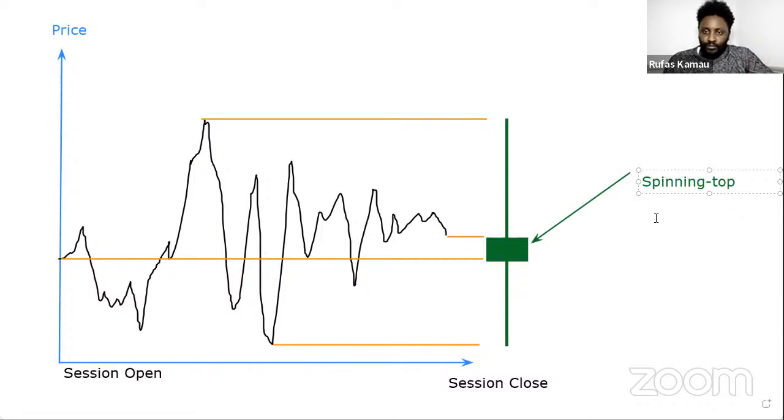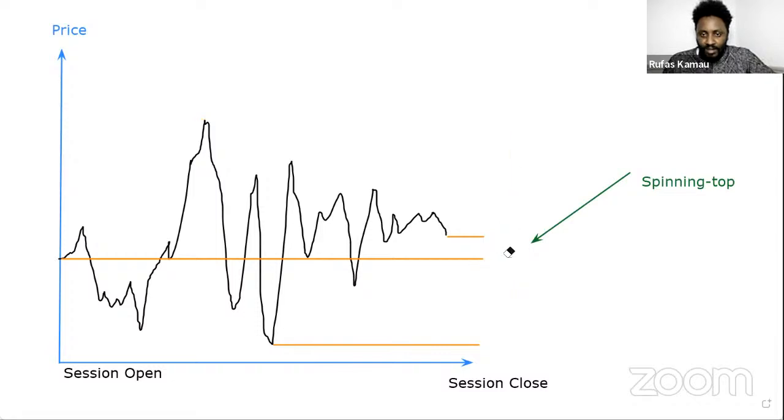There are different types of spinning tops. You can have a green one or a red one. A red one is where the price closes slightly lower than the opening price. You would still have a spinning top even when, let's say, we remove these and change these. Let's say the price closes a little bit lower.